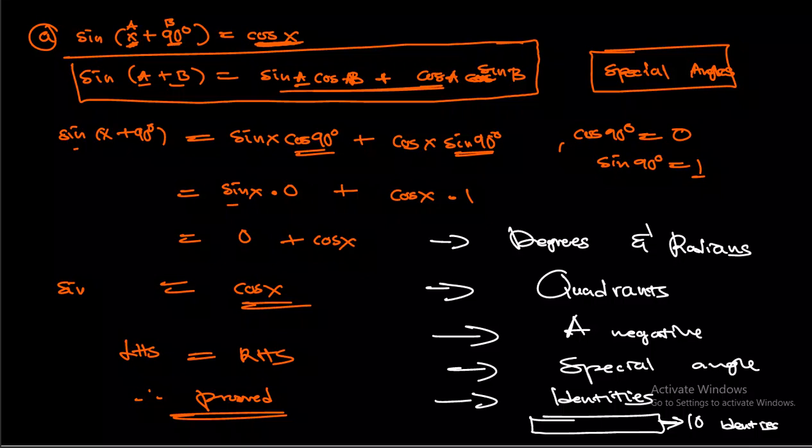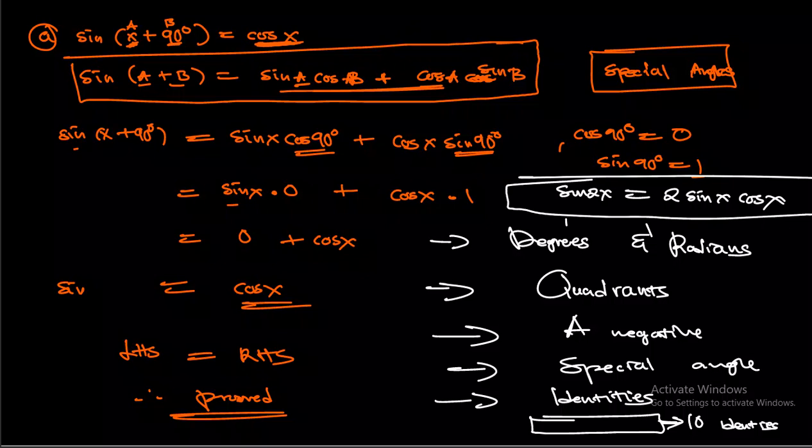Sum of two angle identities and double angle identities. Double angle identities are those like sine 2x. You will find those identities. I talked about how sine 2x becomes sine x cos x times 2. So I talked about all these things.